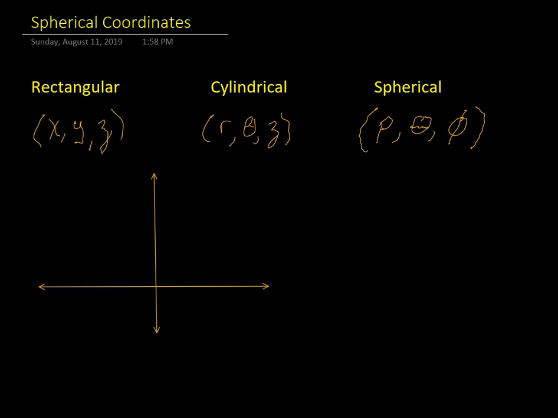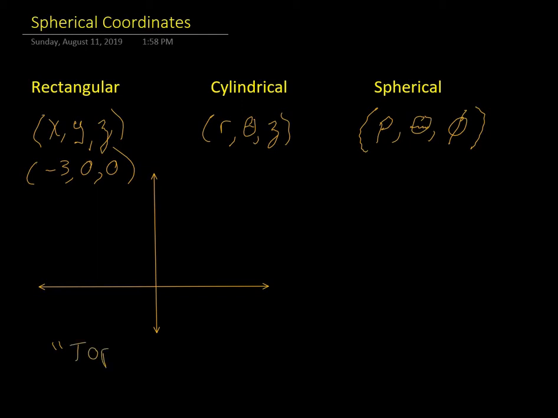So in this example, we're going to look at the point X, Y, Z equals -3, 0, 0, and we're going to convert to cylindrical coordinates. I always tell my students it is extremely important to have more than one view, since we don't have three-dimensional graph paper.